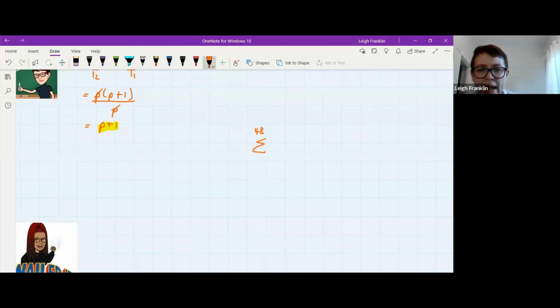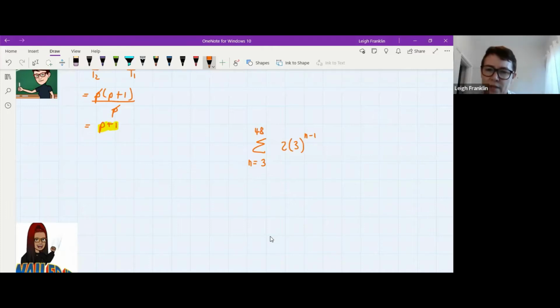Up over here is 48, and then n is equal to, let's make this a little bit interesting, 3, and the general term is 2 times 3 to the n minus 1.